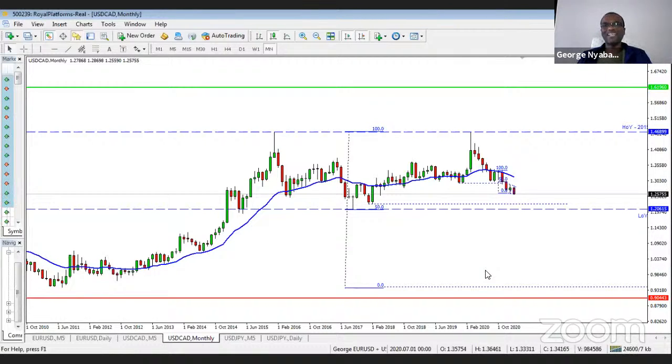Markets are fractal, which means whatever pattern you see occurring on any chart, it will repeat itself, number one. So whatever we're talking about on the monthly, just bear in mind it's something you can see on the 4 hourly, on the hourly, on the 5 minutes.